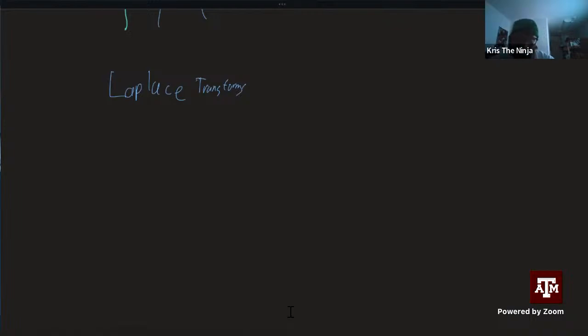So for the impulse function, I'm gonna put the function on the left and the derivation on the right. And the way to write Laplace is you just do it like that, and that equals some F.